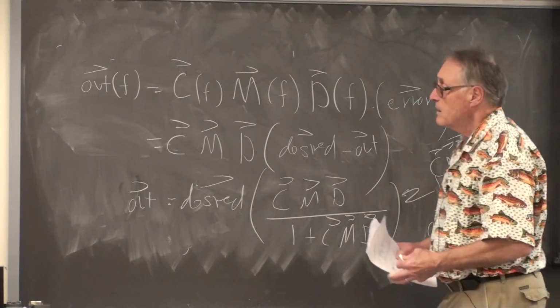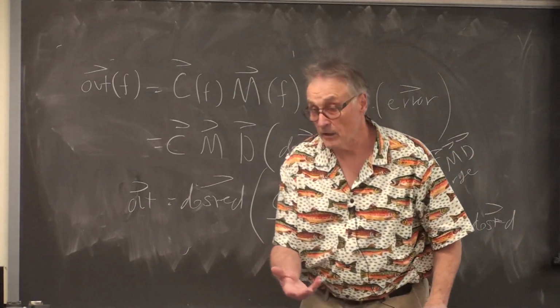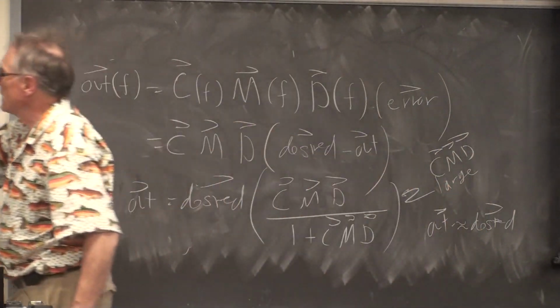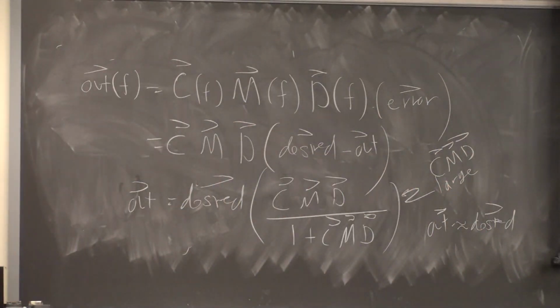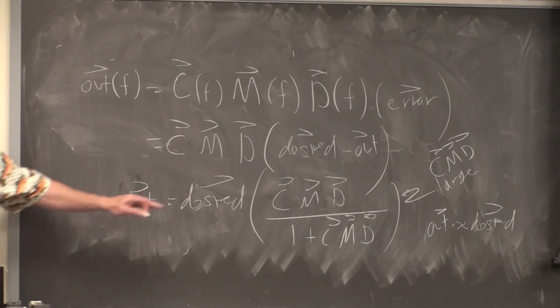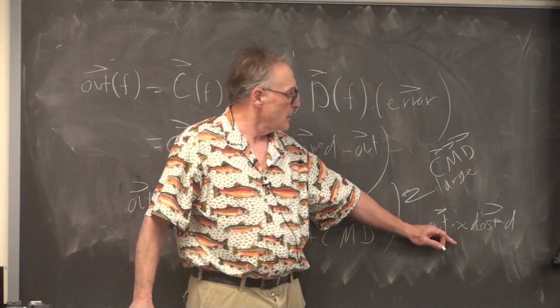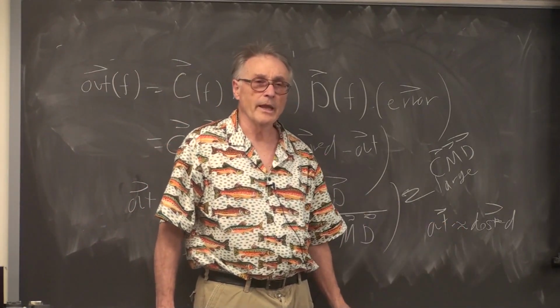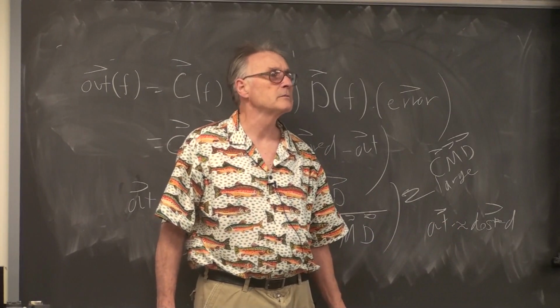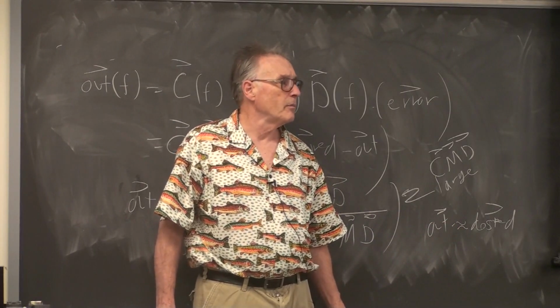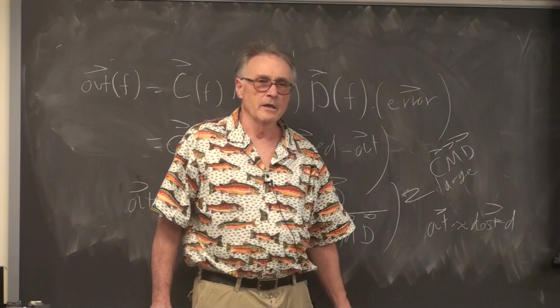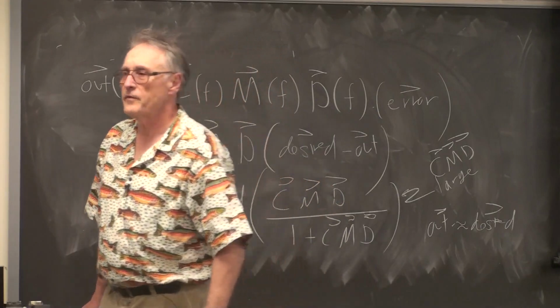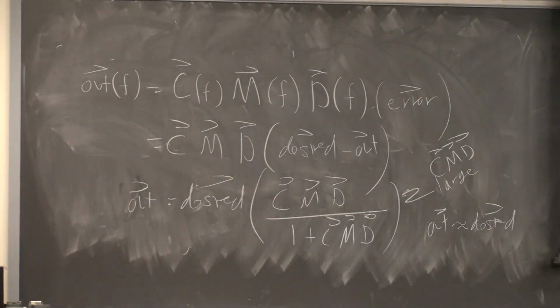That says that if we turn up the gain enough, we make the PID big enough, some gigantic constant, the output will be arbitrarily close to the desired, independent of anything else, independent of the motor dynamics, independent of the details of the pendulum dynamics.